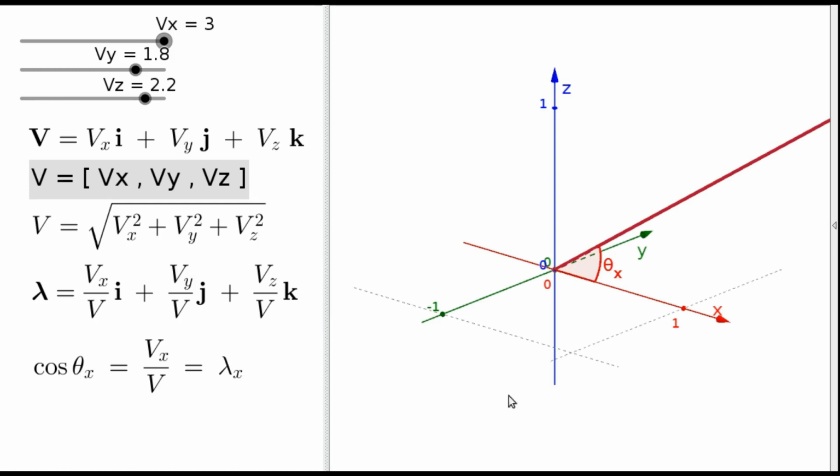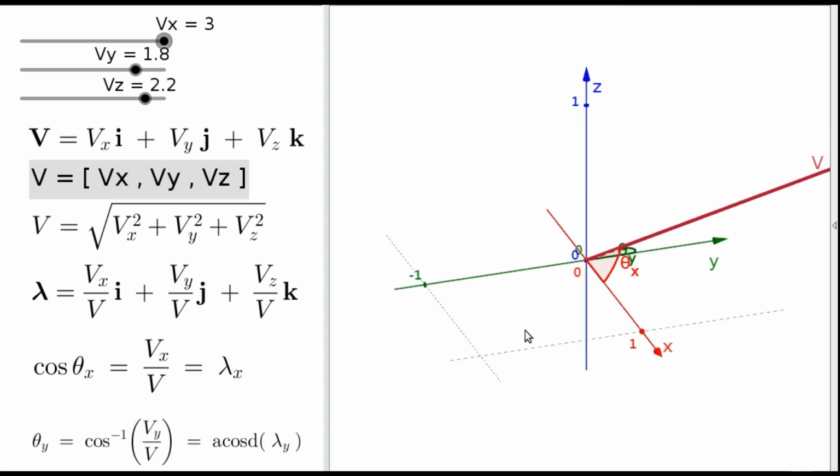And similarly, we can rewrite it and solve for theta y as arc cosine of Vy over V. In MATLAB, for arc cosine, it's acos, and then d makes it in degrees. So our arc cosine function in MATLAB is acosd.